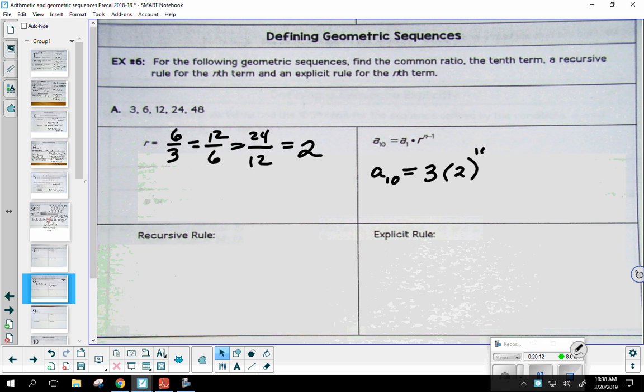N minus 1 would be 10 minus 1. Again, I'm just showing you all the substitution. And so I don't have to write it again. We know the 10 minus 1 is just 9. And now it's just a matter of figuring out what that value is. What is 2 to the 9th tripled? 1,536.